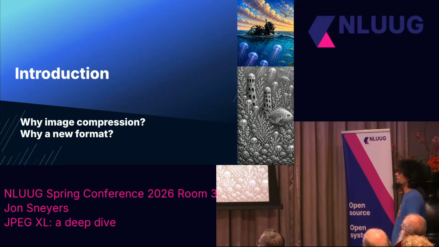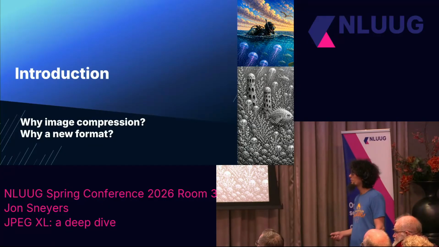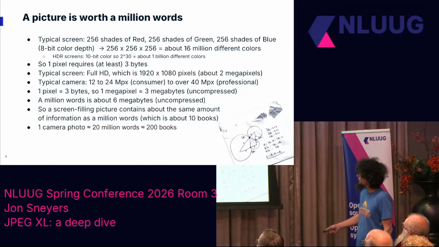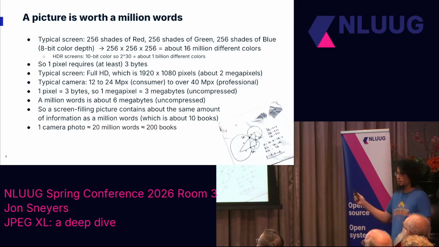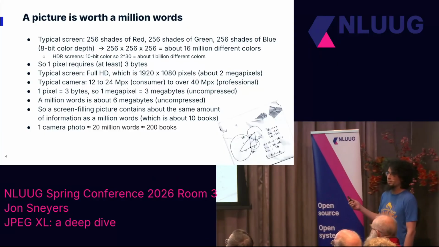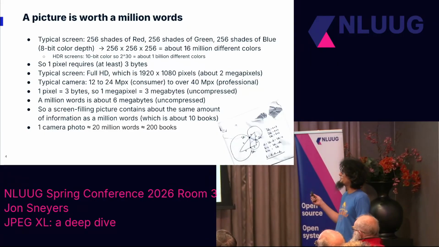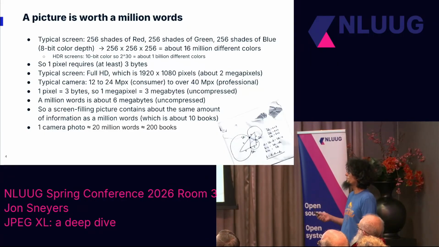Why do we need image compression, and why do we need a new image format? Here's a little back of the envelope calculation of how much data images actually are. Roughly speaking, if it's 8-bit color, then 1 megapixel is 3 megabytes uncompressed.